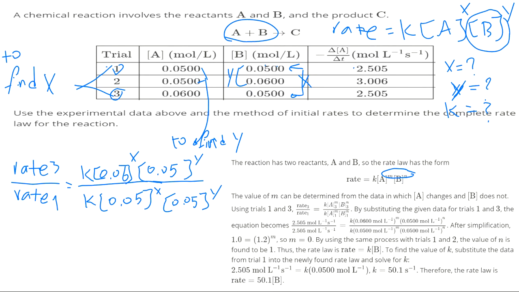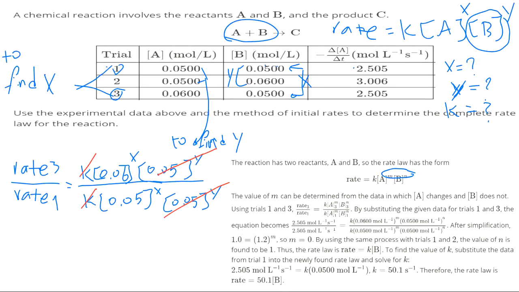You can cancel some of these items. That's the good thing when you're keeping B constant. It doesn't matter what Y is, the value of 0.05 to the Y is going to be the same, whatever it is, because the base is the same and the exponent is the same, so it's going to cancel. The value for K is going to cancel.